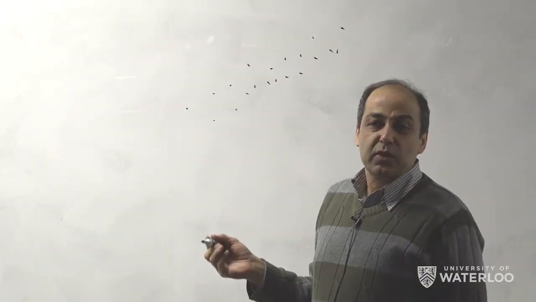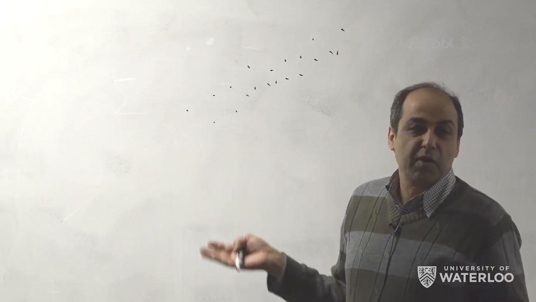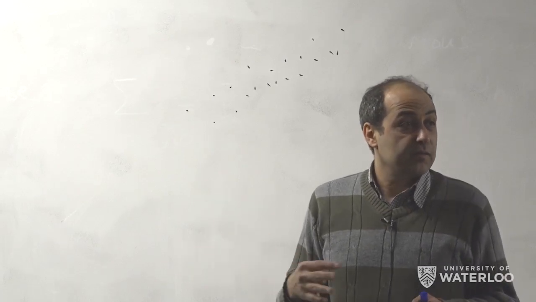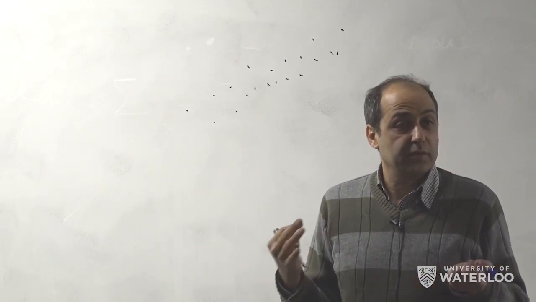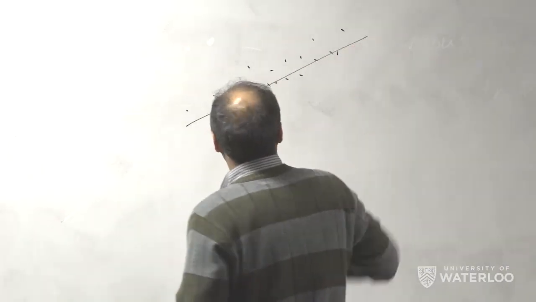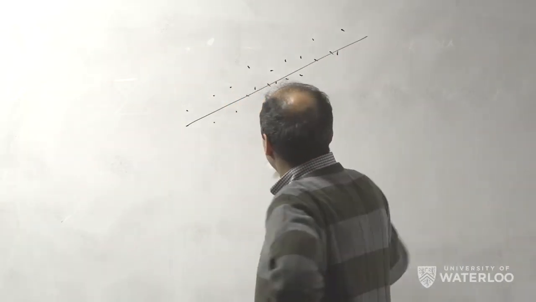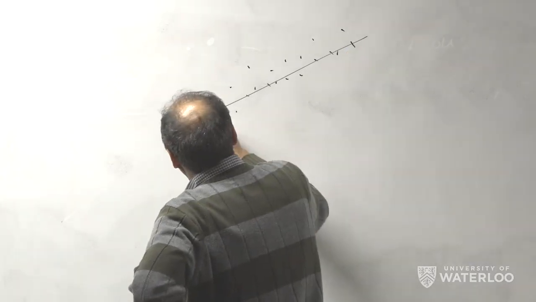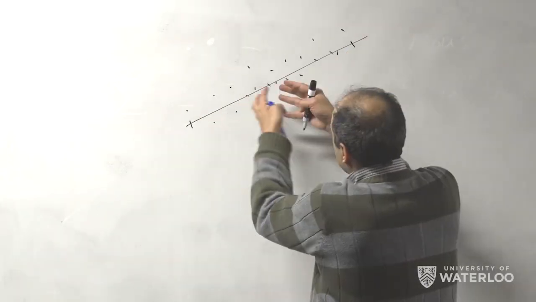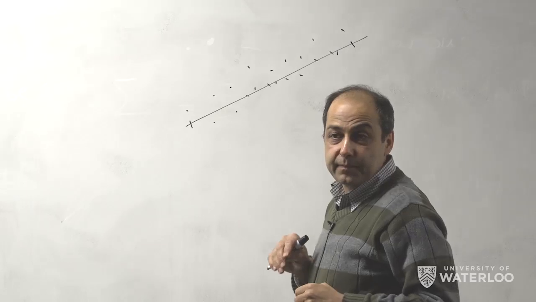There are an infinite number of vectors that I can project these points on. So that's one vector. If I project all points here, then that would be the variation of the data.